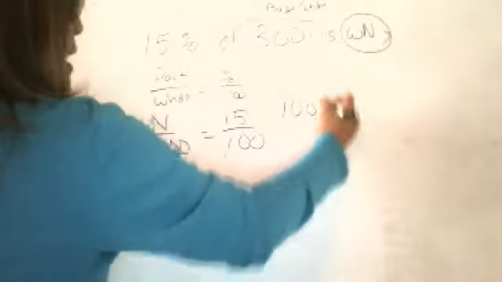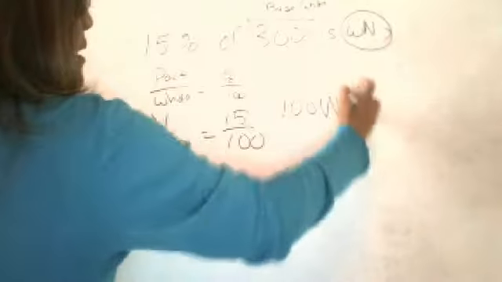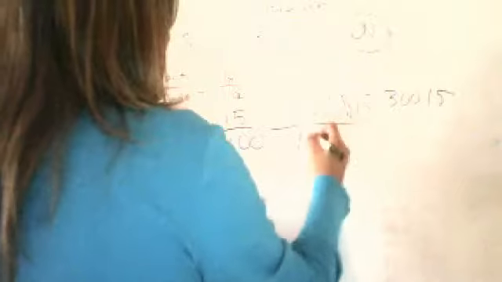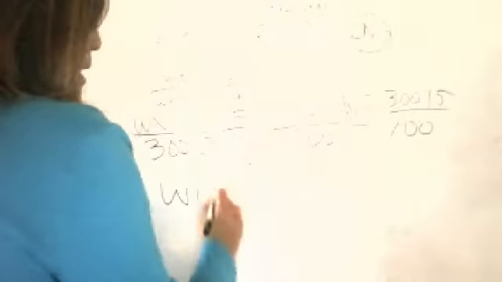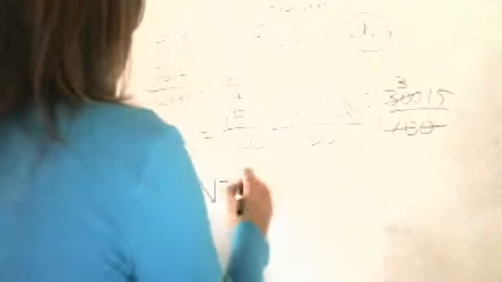I don't know what that is, so I'm going to do cross multiplication. So I have 100 times W_N equals 300 times 15. I divide both sides by 100, and I get W_N equals 45.